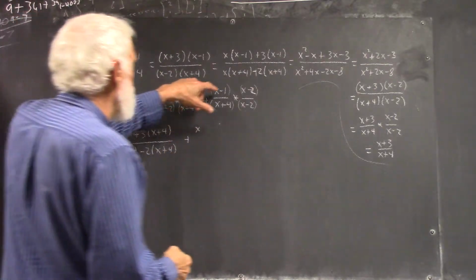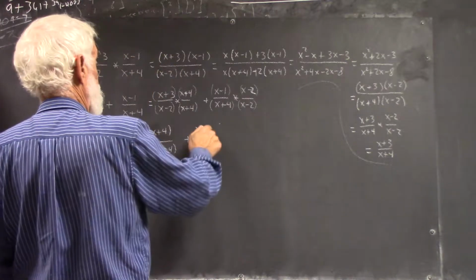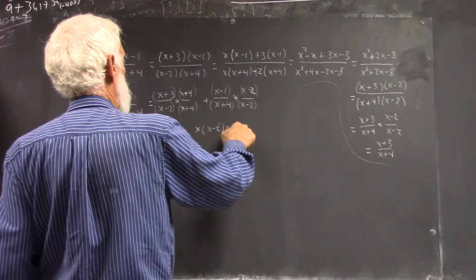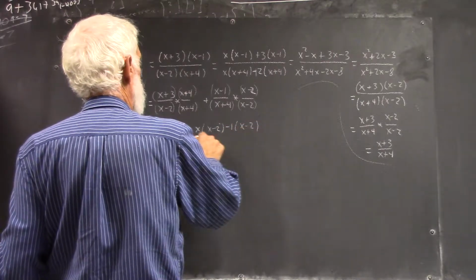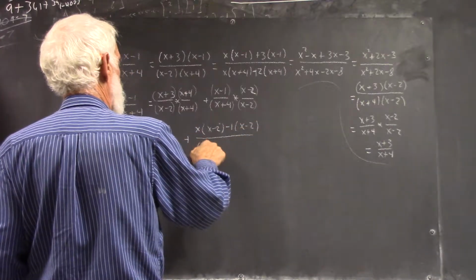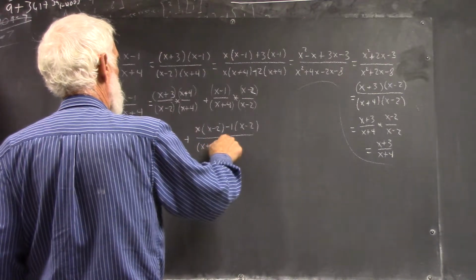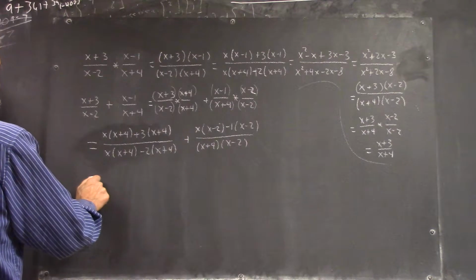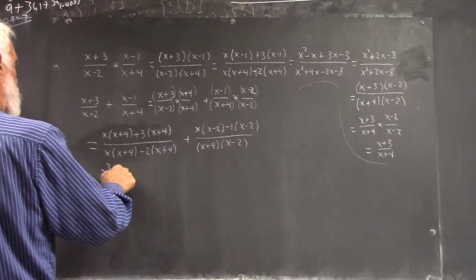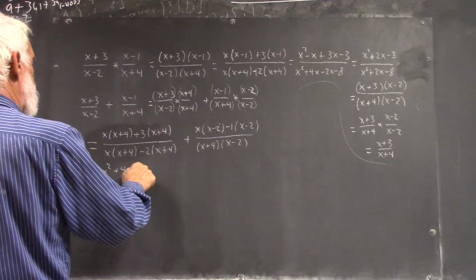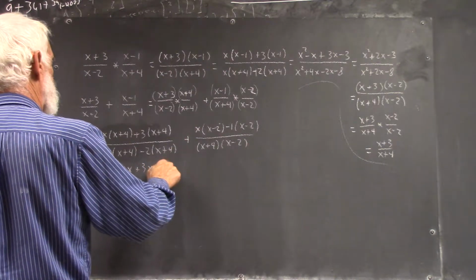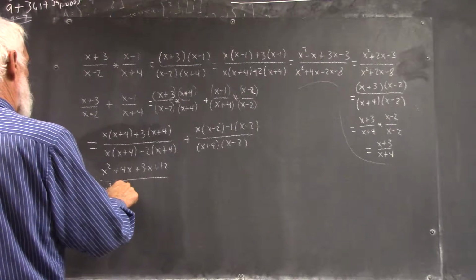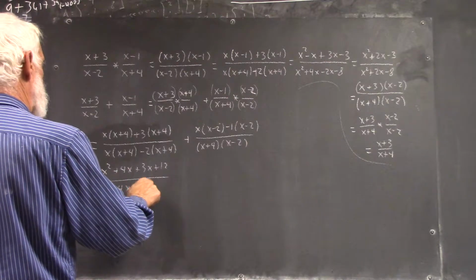Okay, so x minus 1 times x minus 2 is x times x minus 2 minus 1 times x minus 2 over x plus 4 times x minus 2. Well, then that's going to be x squared plus 4x plus 3x plus 12 divided by x squared plus 4x minus 2x minus 8.